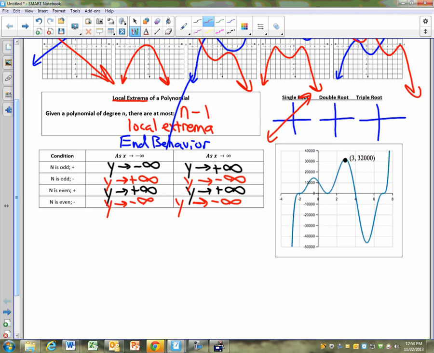It just passes right through the x-axis. A double root touches tangent on the x-axis. And a triple root flattens out on the x-axis and then passes through.